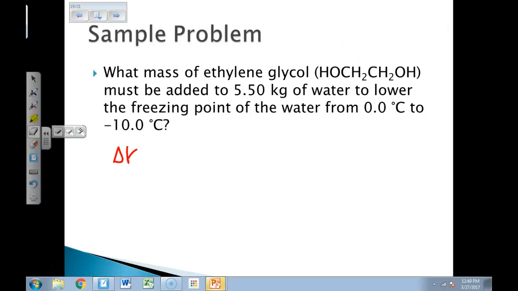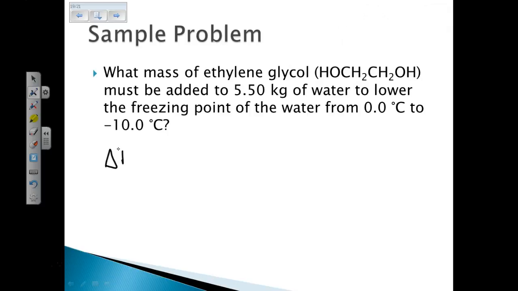We know that delta freezing point is equal to K FP times molality times the Van't Hoff factor.